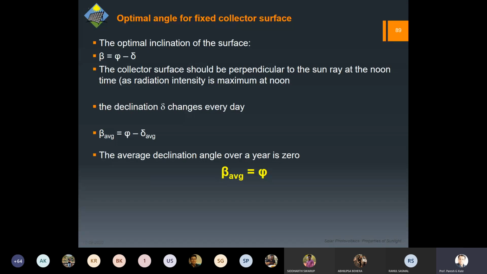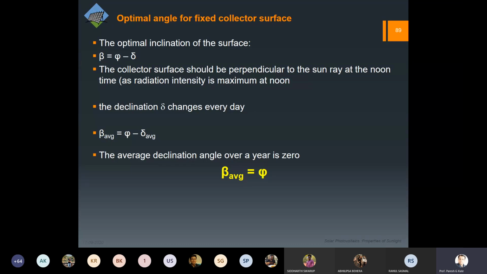So now if I am installing the solar power system for that house, which I'll be using only for 2 months, then instead of taking this average delta over the year, I'll be taking delta as the average of these 2 months, because I have to optimize for these two particular months.